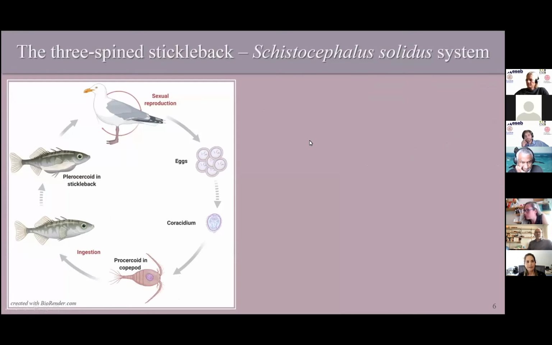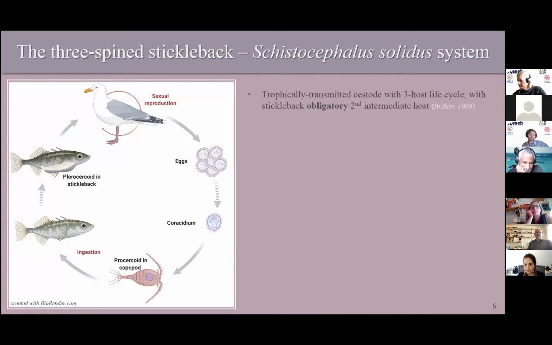Now, what we do in the lab is we use the Schistocephalus solidus system. This is a cestode that is trophically transmitted with a three-host life cycle, as depicted here. I don't want to get into too much detail.